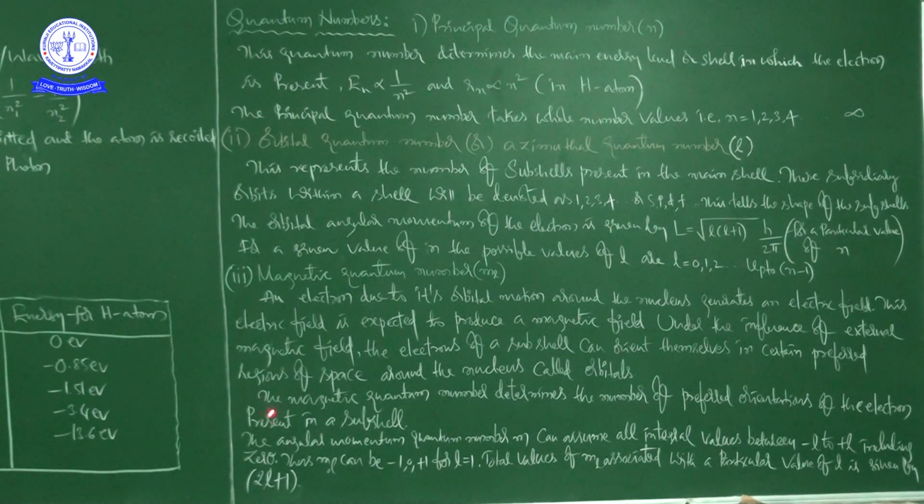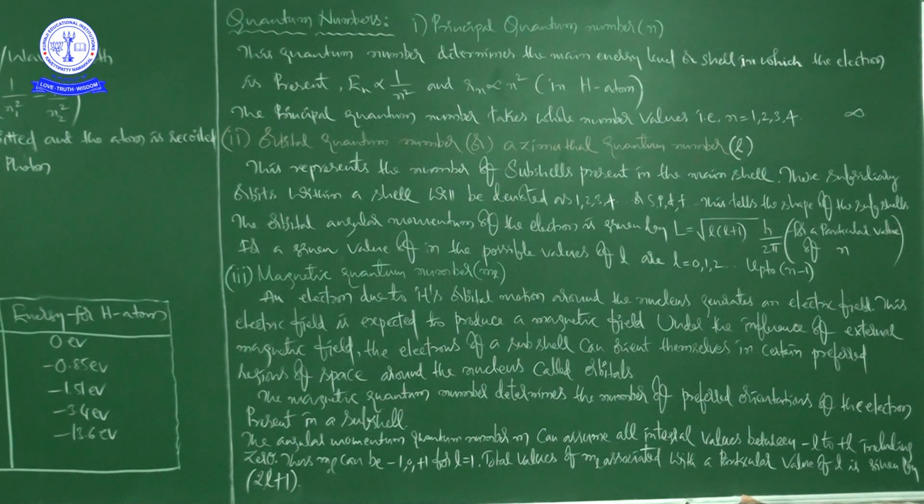Then the angular momentum quantum number m can assume all integral values between minus l to plus l, including 0. Because of that you can write ml as -1, 0, +1 for l equal to 1. The total values of ml associated with a particular value of l is given by 2l + 1.